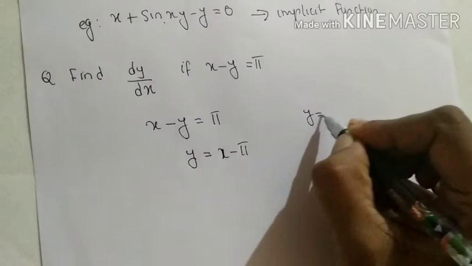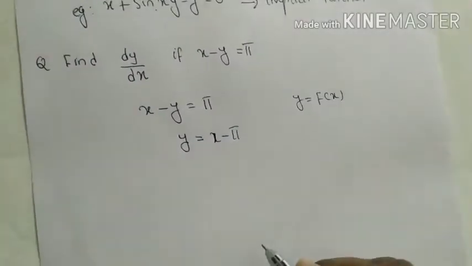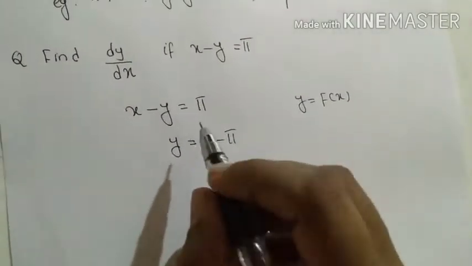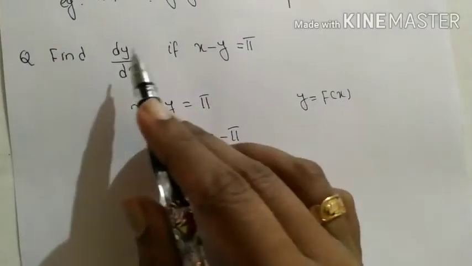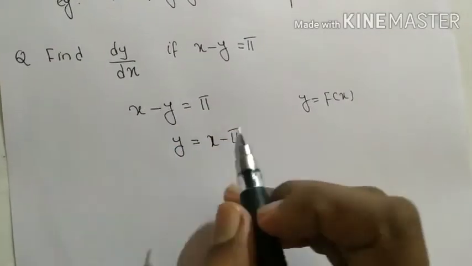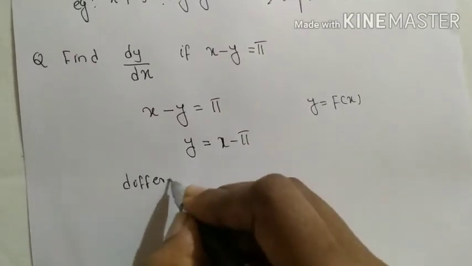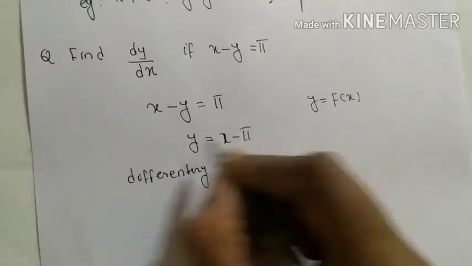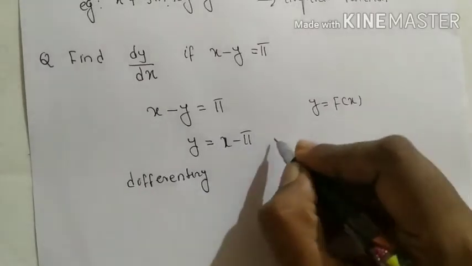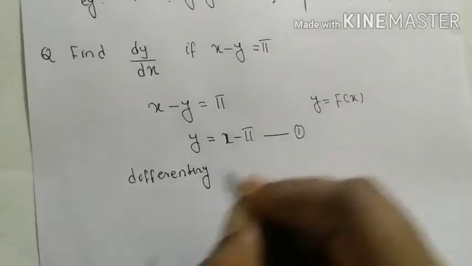That is, y is in the form of a function of x. So, next we need to find dy by dx. That means differentiating the above equation. Let us name it as equation number 1.